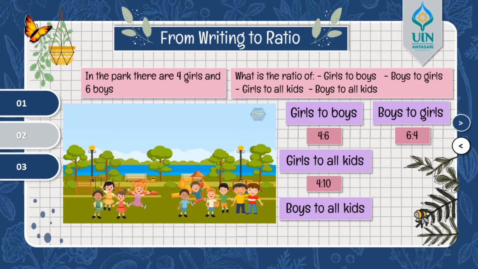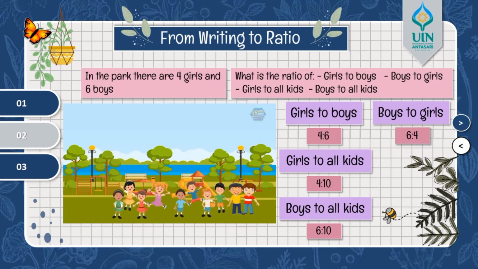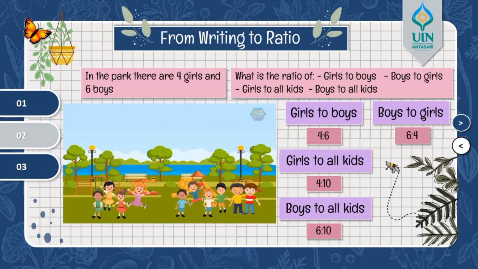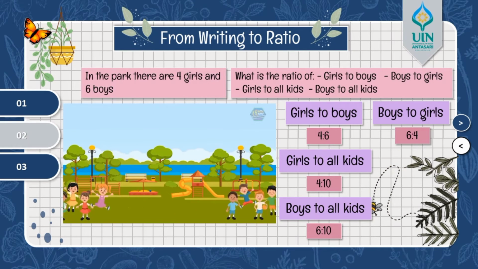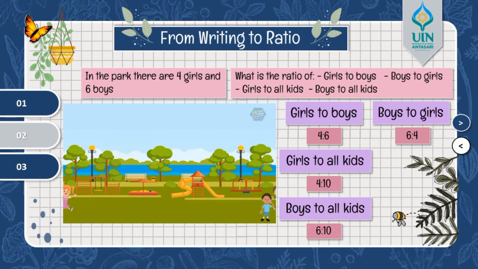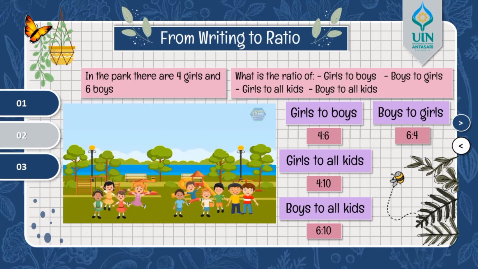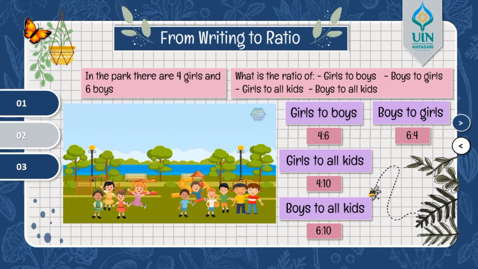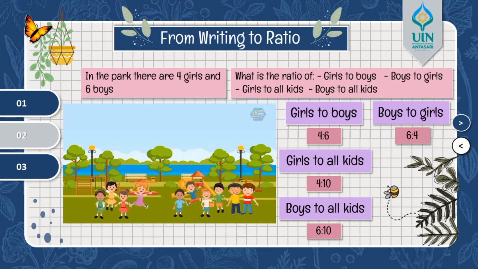Similarly, the ratio of boys to all the kids in the park is 6 to 10 since there are 6 boys out of 10 kids. So, these ratios are examples of part to whole ratio.